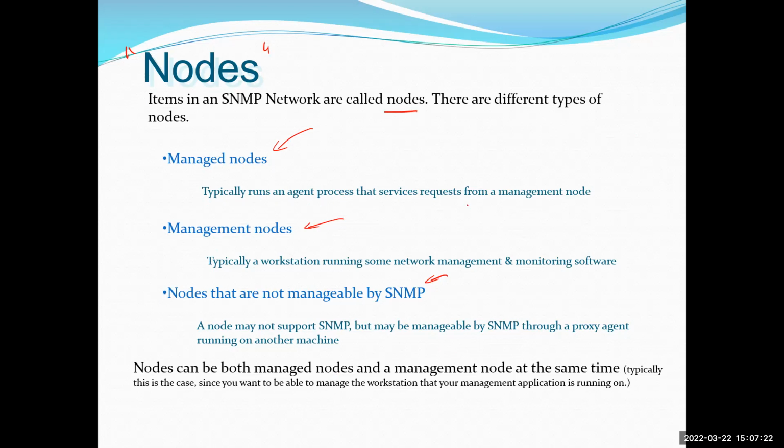A managed node typically runs an agent process that services requests from a management node. The management node is typically a workstation running some network management and monitoring software like Cacti. Nodes can be both managed nodes and management nodes at the same time.